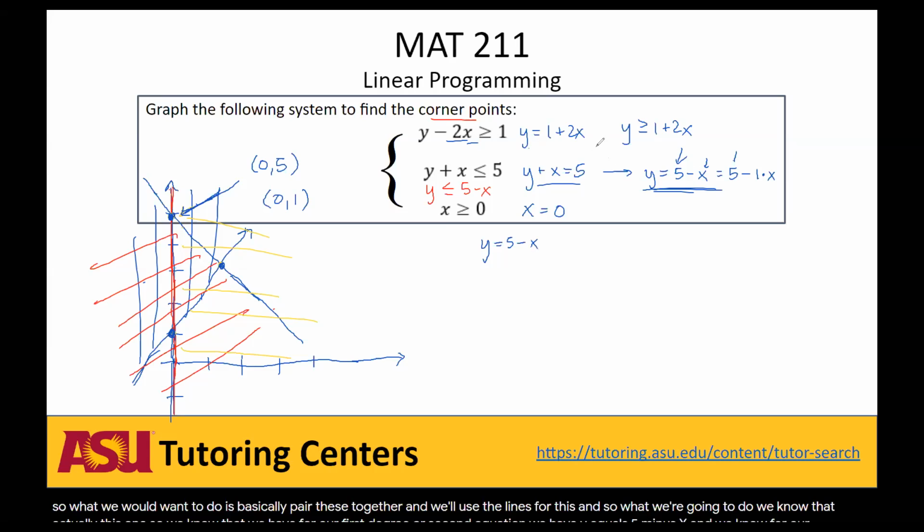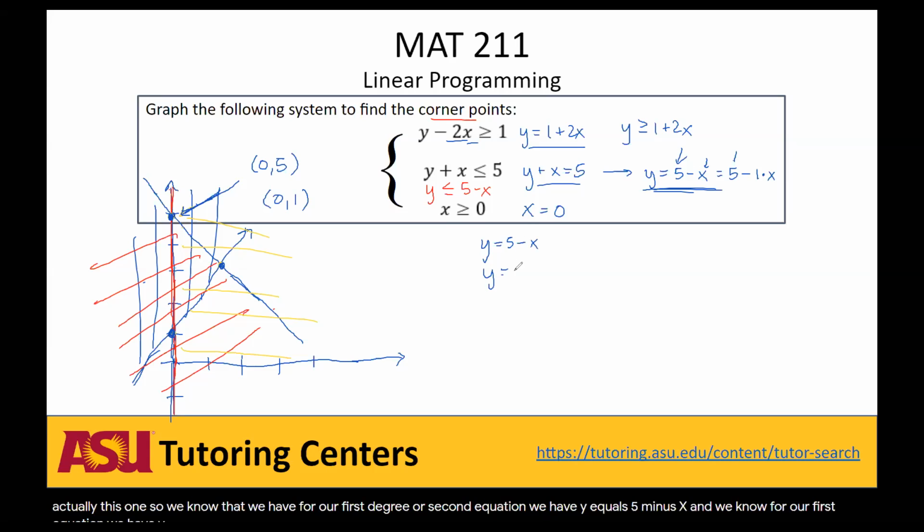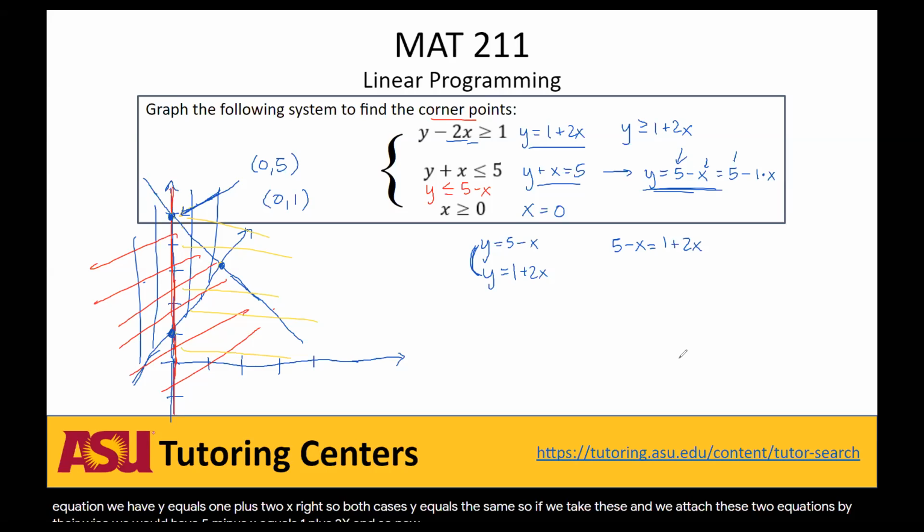And for our first equation, we have y equals 1 plus 2x, right? So in both cases, y equals the same thing. So if we take these two equations and attach them by their y's, we would have 5 minus x equals 1 plus 2x. And so now we can solve for x.